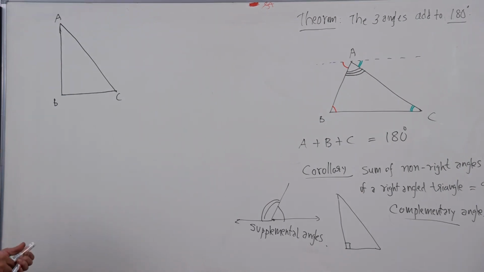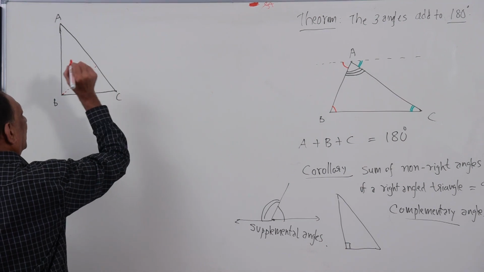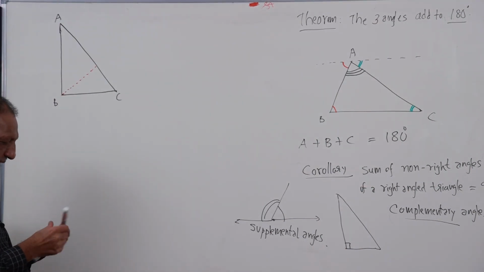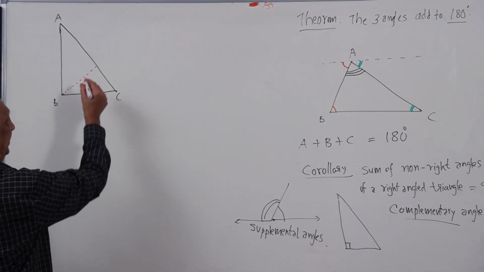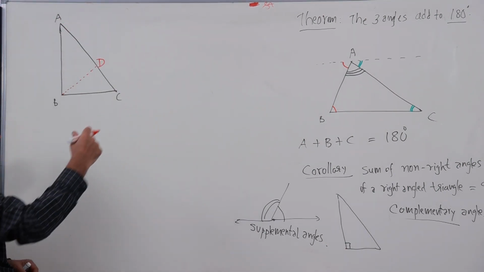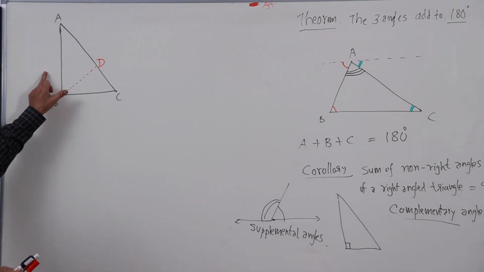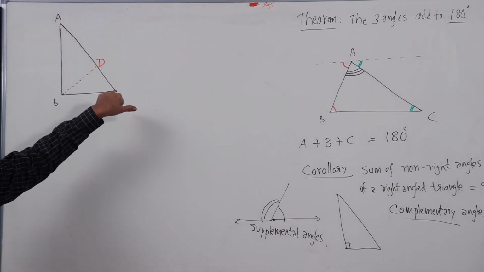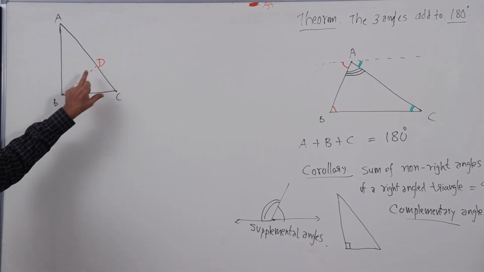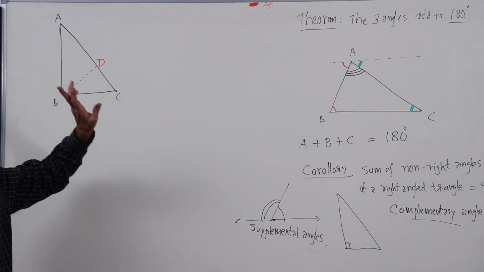Now, the construction is we drop a perpendicular from B onto AC. That gives me a new constructed point D on the line AC. Line AC is also known as the hypotenuse. These are the two sides of the right angle and this is the hypotenuse. So we drop a perpendicular from B onto the hypotenuse. I get a D, correct?